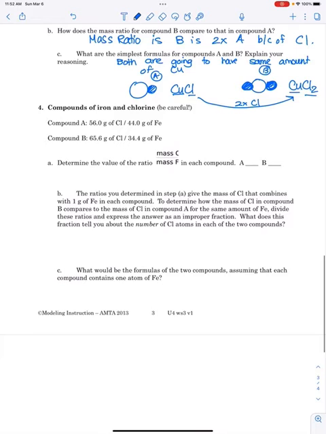I have left question 4 for this year up to you as a little bit of extra credit. I would like you to try and show the work, but I'm going to let you know that you're going to get ratios of FeClX, FeClY.